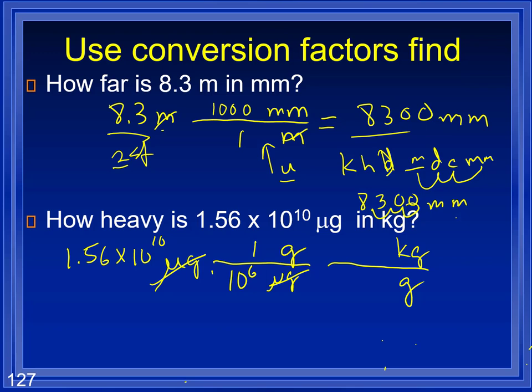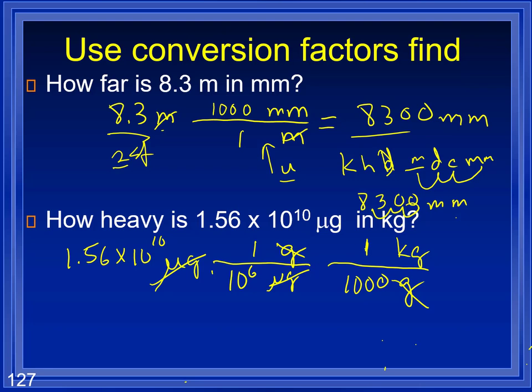Which is bigger, a gram or a kilogram? Well, kilogram is bigger, so it gets the 1. And there are 1,000 grams in a kilogram. And that cancels out the grams. So I've got the unit I want. I probably set the problem up correctly.